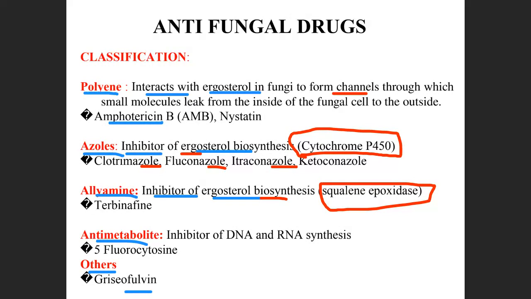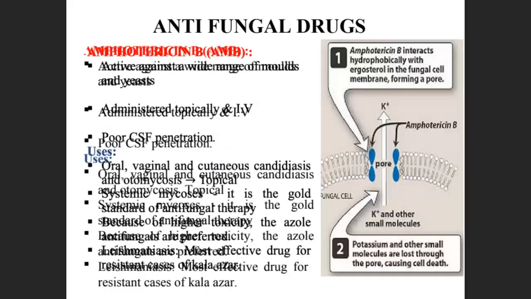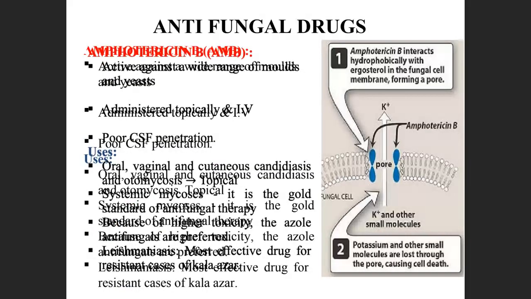Ergosterol is the main component which maintains the cell membrane of the fungi. So these drugs attack the ergosterol and cause small holes in the cell membrane. When the cell membrane is ruptured, all the materials present inside the cell leak out, ultimately leading to cell death.